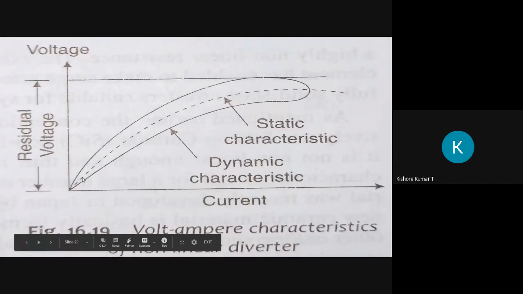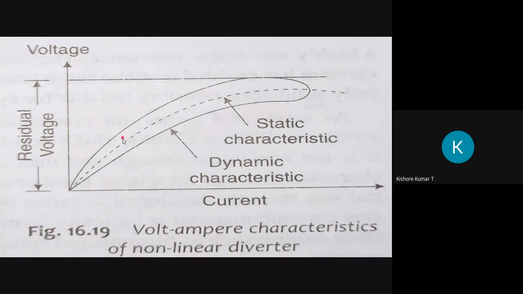Now, why is this called non-linear characteristics? At a certain particular point, if you consider this magnitude of current, let us say some magnitude of current, for a single magnitude of current, if you observe here, this is one voltage and this is another voltage value.